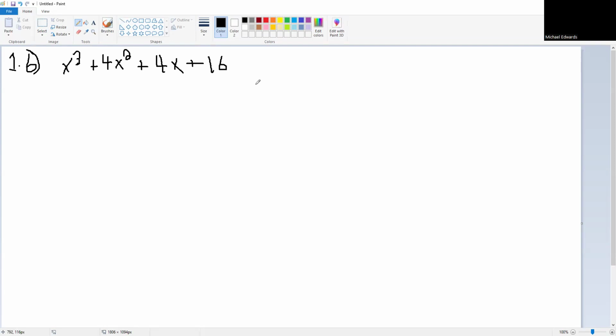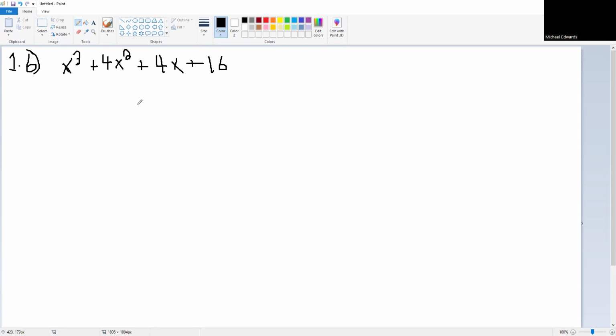Now, this is not a trinomial where you have three. This is a different one. It's a polynomial, meaning many. So it can be four, five, or six, whatever like that.